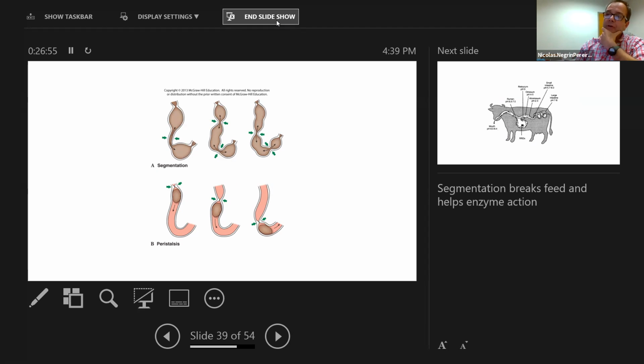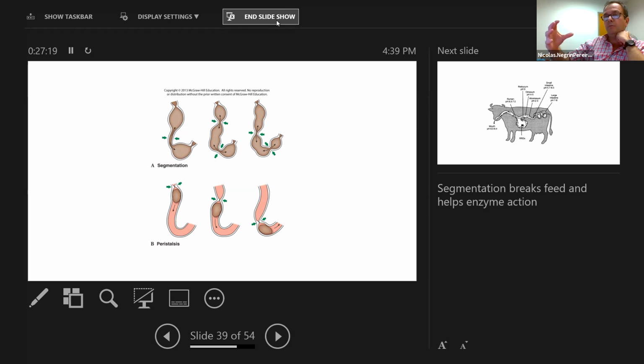So we have what we call segmentation, which helps to break the feed and helps the enzyme action. And then the peristalsis, which is a continuous muscular contraction in waves along the length of the intestine, pushing the food to the posterior part.